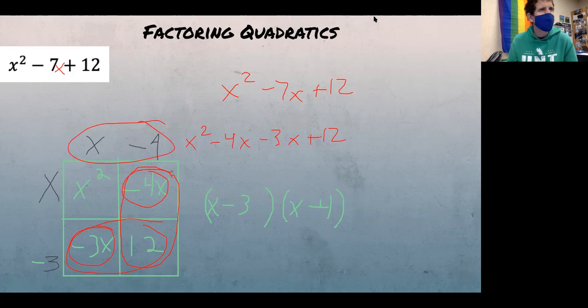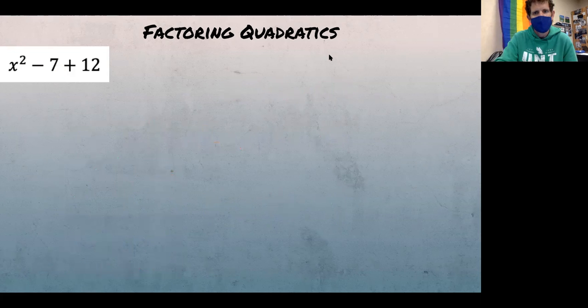There was one we didn't do. Which quadratic did we not do yet? Or did we do all of them? Let's look at this real quick. Did we do this one yet? We started with this one, right? We didn't do this one.